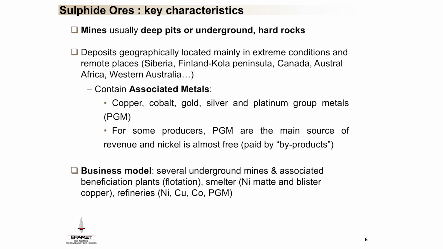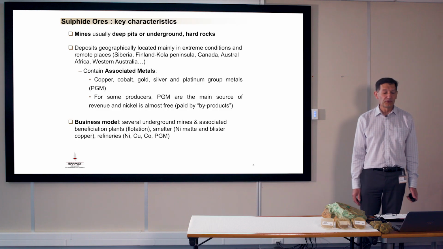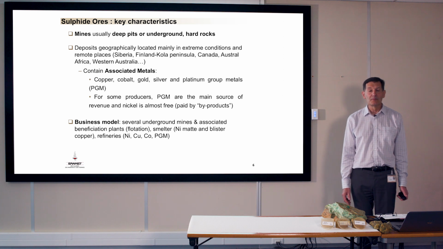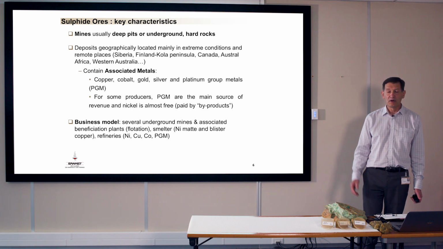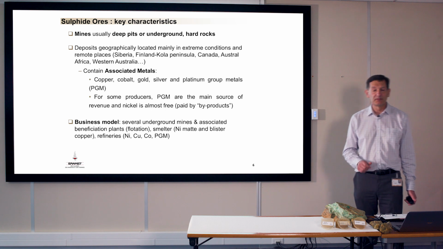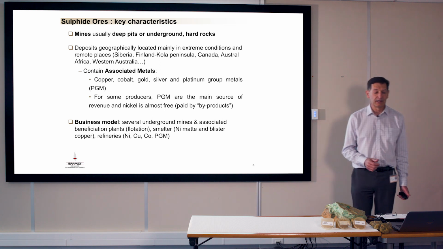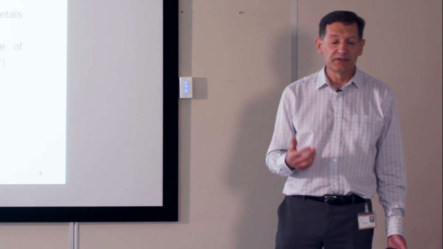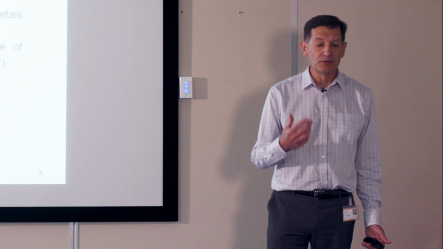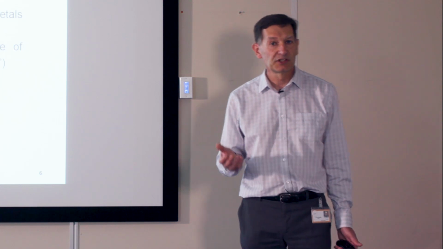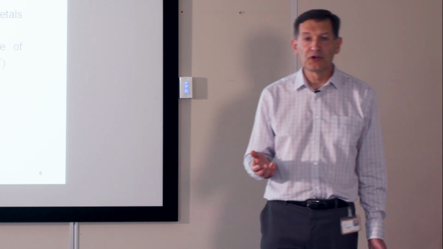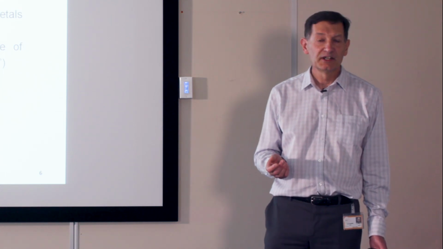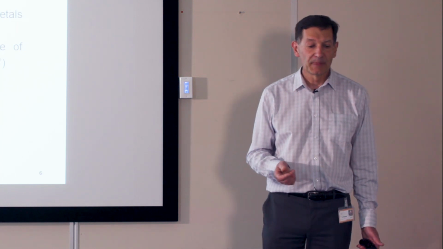First, the sulfide ores. There are some main characteristics of such ores. The first one is that the mines are either deep pit mines or underground mines, and it's a very hard rock. To treat this ore, you have to crush it, and after that recover the specific nickel sulfide minerals by flotation.